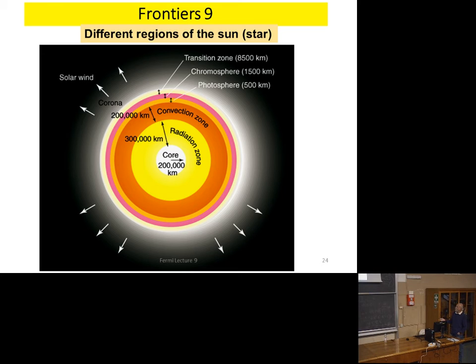That makes a series of regions: the radiation zone, then the convection zone, the photosphere, the chromosphere, and so forth, and finally something we call the corona and solar wind. Just to give you some picture of that, I'll quickly show you what those are.